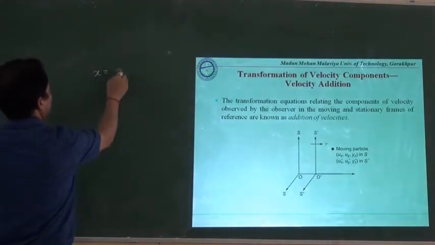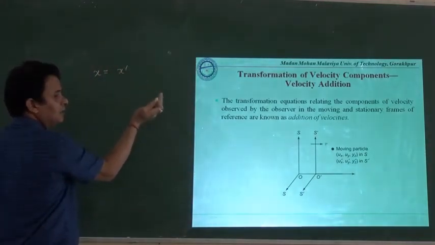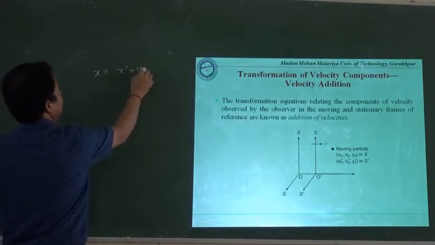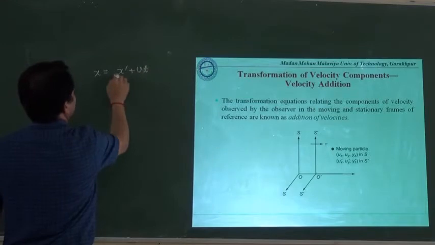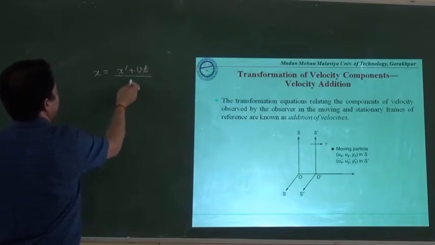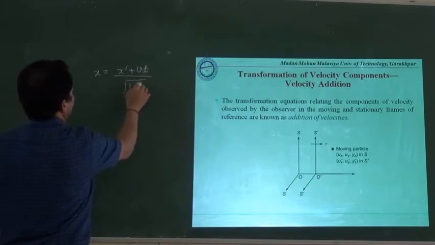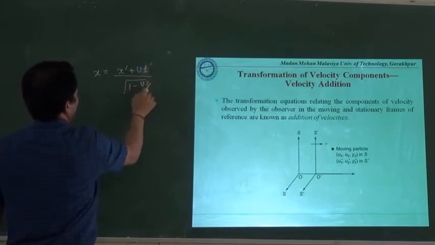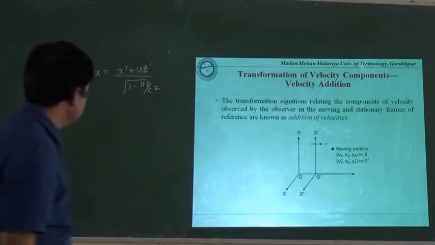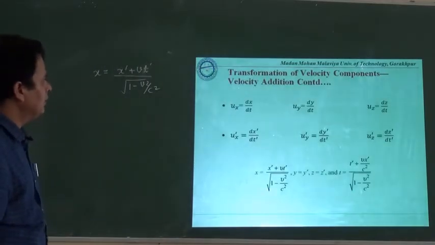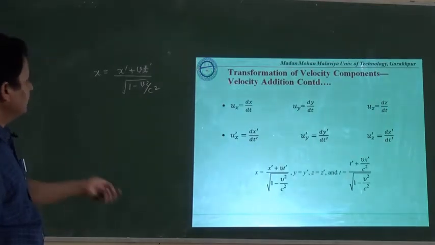It will be equal to x dash plus vt dash upon under root 1 minus v square upon c square.